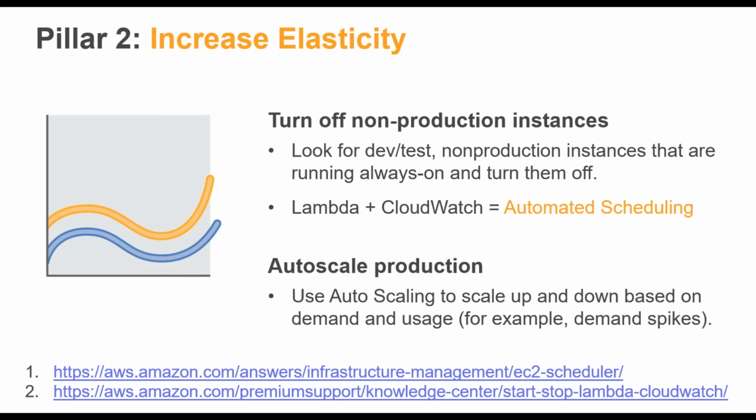Horizontally managing these workloads will allow you to scale them up and then back down based on demand or usage, and then you have a footprint that's more aligned with what you need at a given time. So on top of right sizing, increasing the elasticity of your environment is a great way to cost optimize.